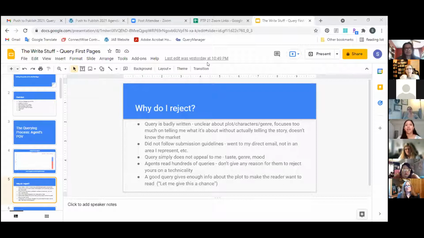Likewise, if you're writing something too short, 30,000 words is probably more of a novella than a novel. And I don't represent novellas, so that's not a good fit for me.